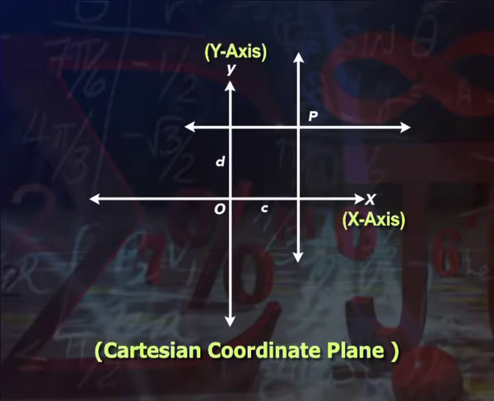Also, the other way, when a point P is given in the Cartesian coordinate plane, we can associate with P an ordered pair of real numbers (c, d), that is, an element of R 2, by drawing two lines through P which are parallel to coordinate axis and then associating with the intersection points the real numbers c and d on the x axis and y axis respectively as shown in the figure.